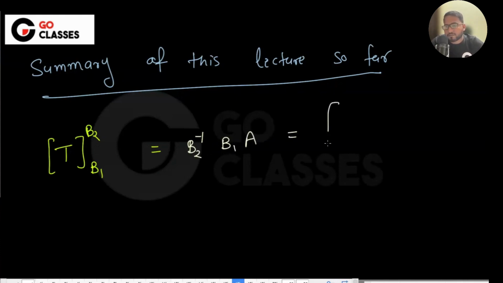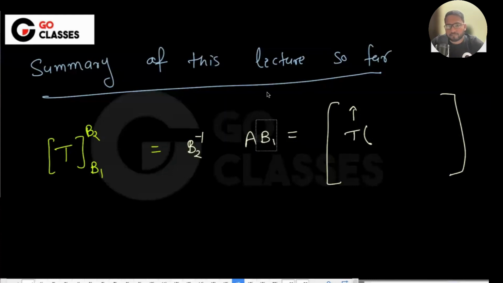Sorry, I made a mistake. So this is the same as A into B1. A into B1 is nothing but the transformation of B1 vectors, right?